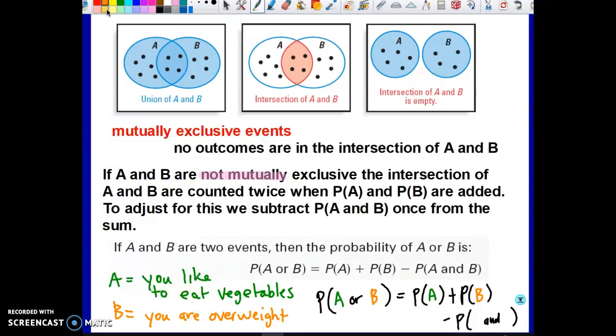Probability of A and B. So it's possible. You could like vegetables and still be overweight. It just depends on whether you exercise or not. So this is just because you're going to count them more than once.